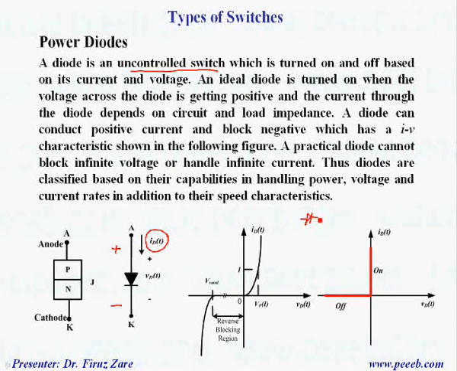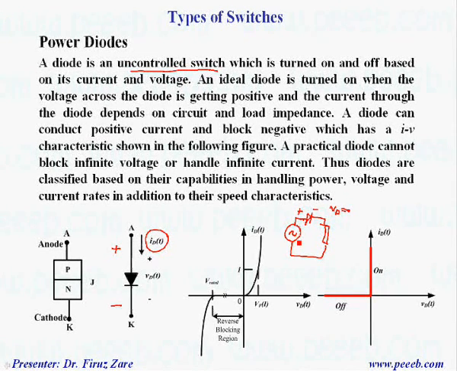If you have a diode which is connected to a resistive load, and we have, for example, an AC voltage, once we have positive voltage across the diode, when the diode conducts, the voltage across the diode is very low or almost zero.